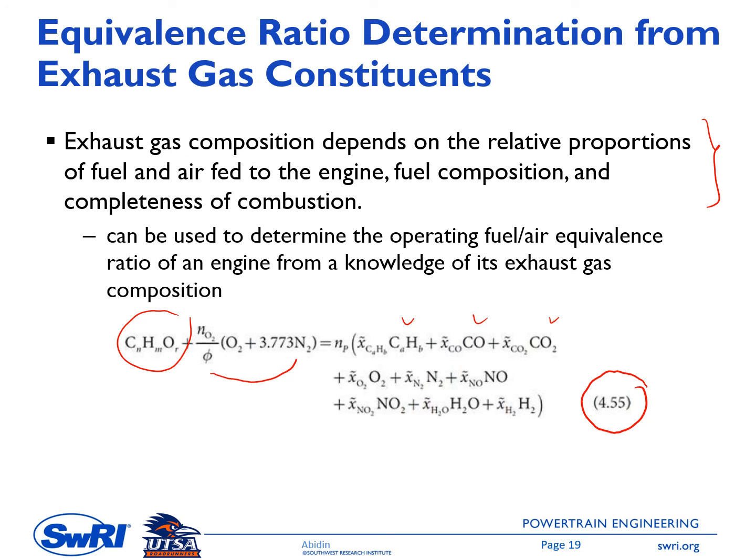So with this formula, we wanted to calculate what is the mole fraction of the burned gas species, and how can we get phi from this mixture composition of the exhaust gas.